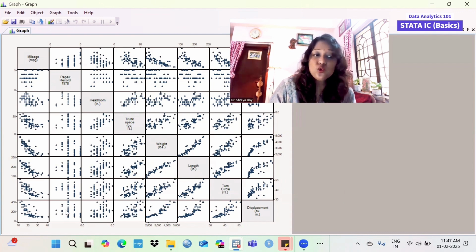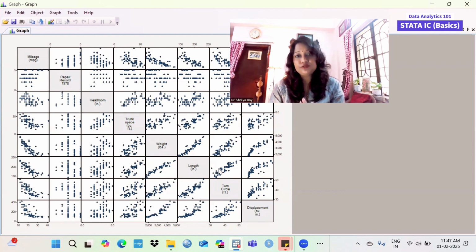If you tell me what this is over here, what scatter plot is this? This is headroom and displacement. Over here it is headroom and length. Over here it is weight and displacement. So there are methods of reading it.